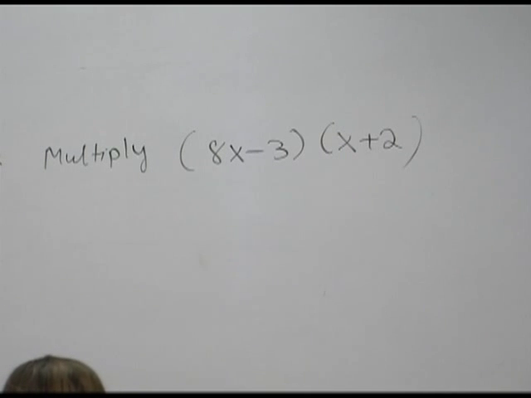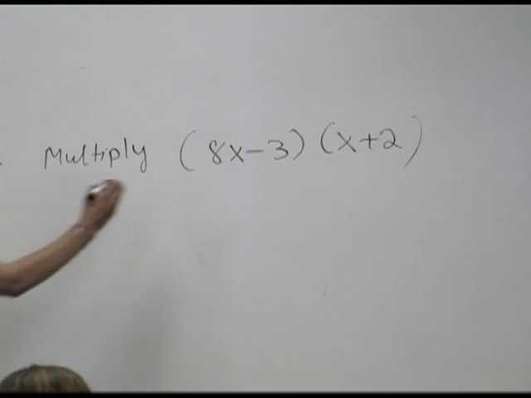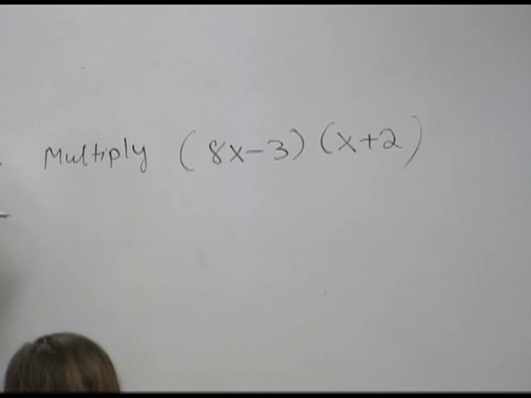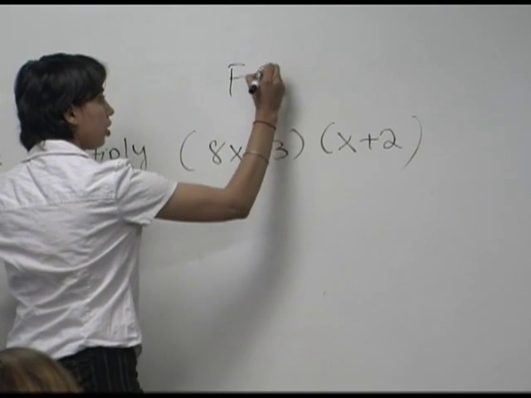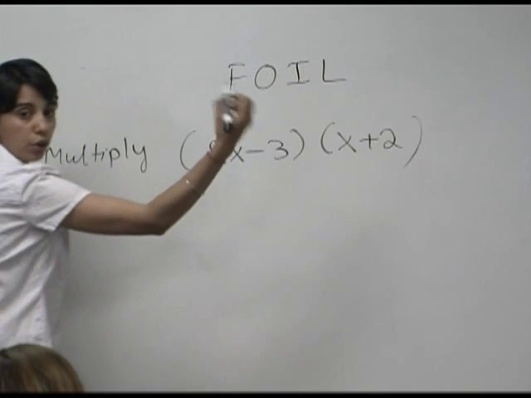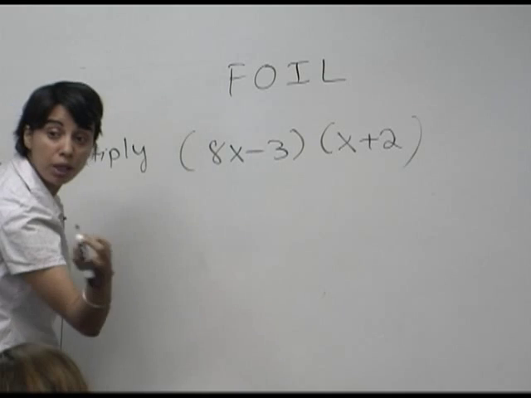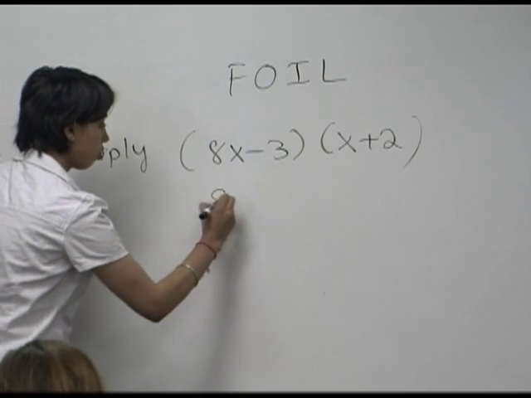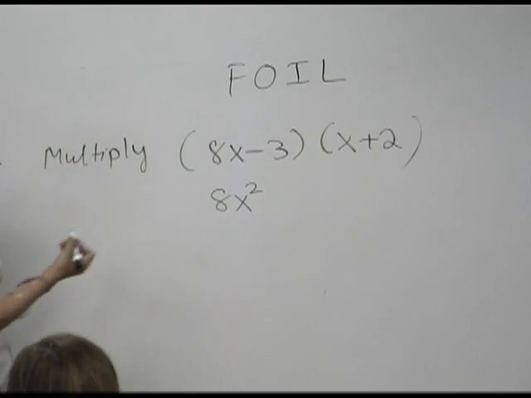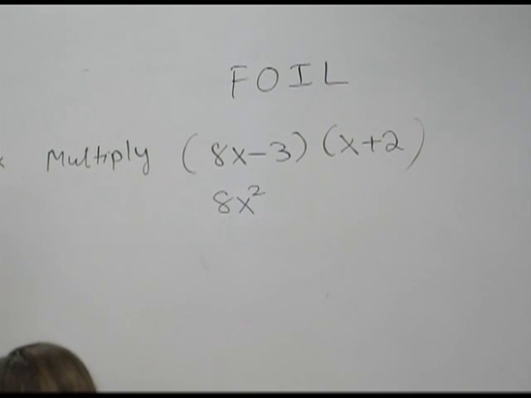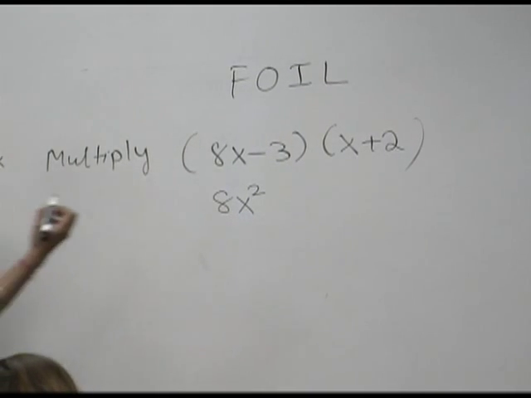All right, how can we FOIL this? Danny, you're going to tell me. 8x squared. First, outer, inner and last. Right? So the first term, which he said, becomes what, Johnny? 8x squared. Outer, if I multiply outer, what do I get? 16x.